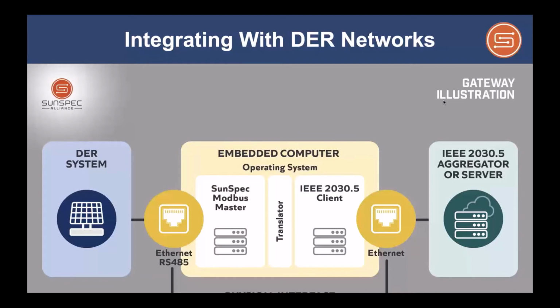It will then communicate with the gateway device, which is effectively an embedded computer with an operating system, where a translation occurs to the IEEE 2030.5 protocol, or the 1815 protocol for that matter, for upstream communications to either aggregation services or directly to the utility servers. So this is in effect a standard feature, and again, the reason why we recommend SunSpec Modbus certification for this purpose.